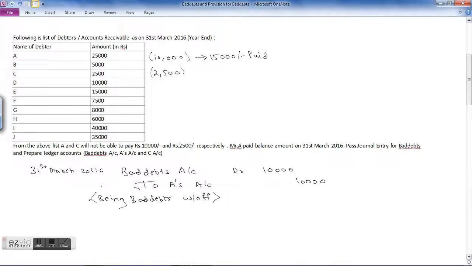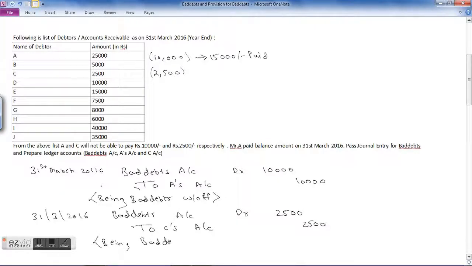Next, on 31st March 2016 again, C won't be able to pay 2,500. So the entry is bad debts account debit 2,500 to C's account 2,500, narration being bad debts written off.